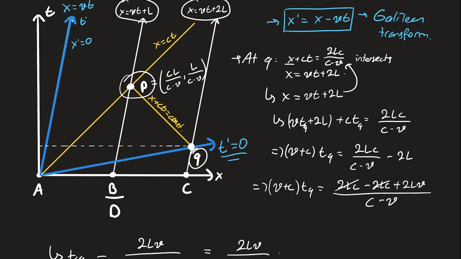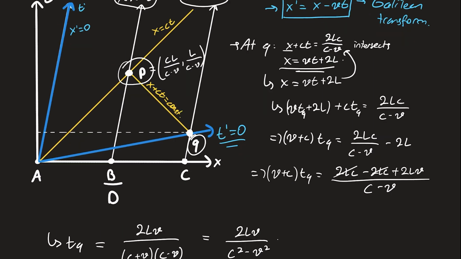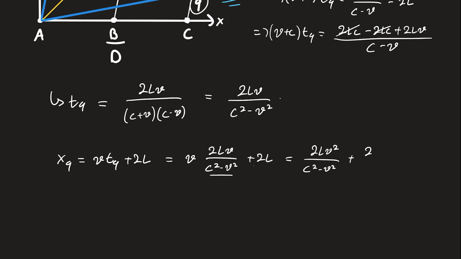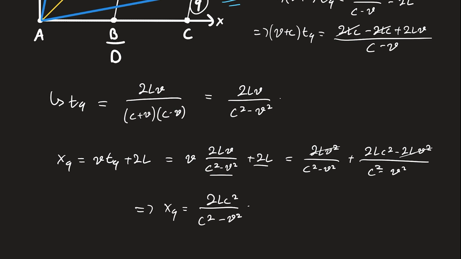Okay, now to find x, we can use this equation again. So xq is equal to v times tq plus 2L, that is 2Lv squared over c squared minus v squared. And then we get the Lv's canceling out. And finally, we get xq is equal to 2Lc squared over c squared minus v squared.